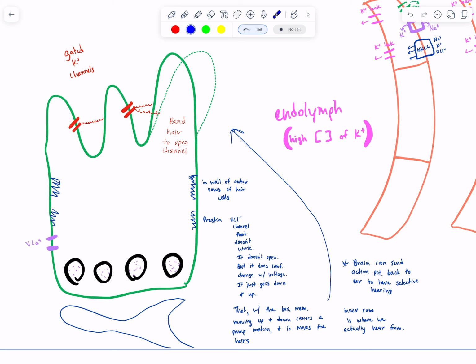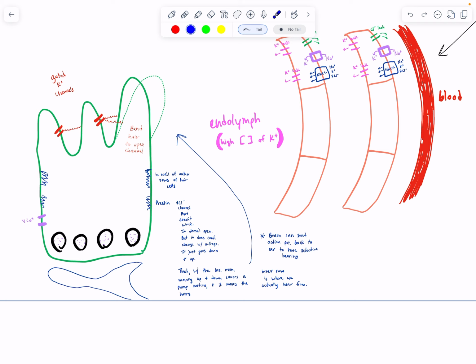Sorry, I misspoke. Potassium enters the cell and depolarizes the whole thing, which triggers a voltage-gated calcium channel, binds to the SNARE proteins, and releases a neurotransmitter onto this neuron, and that is how we hear.